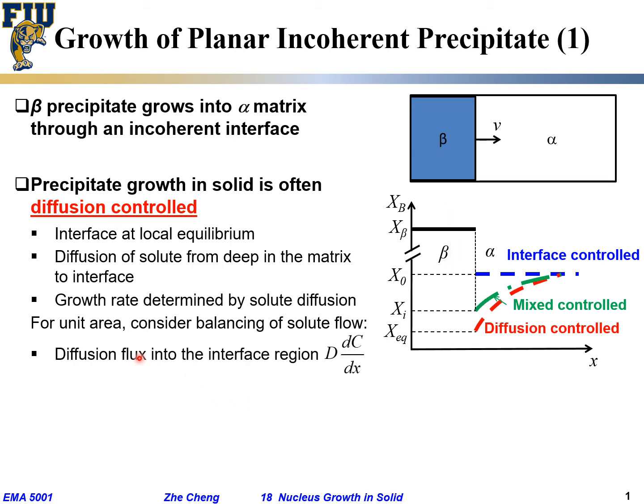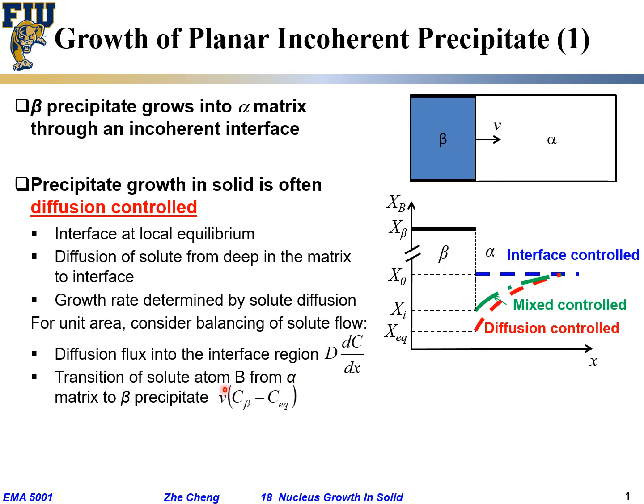Then if we consider the balance of flow, the diffusional flux into the interfacial region would be D times the concentration gradient. Okay, again, D is the diffusion coefficient, dc over dx is the local concentration gradient, and this term would be the flux of solute atom into the diffusion region. Okay, and on the other hand, when I have solute atom here, then I have phase transformation from alpha to beta.